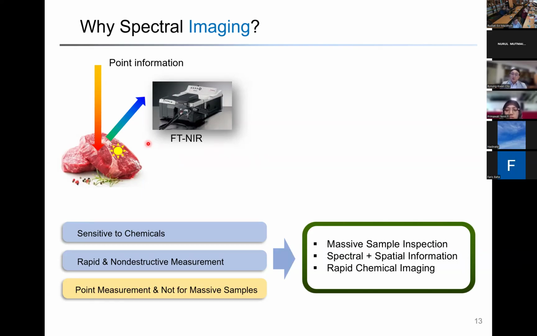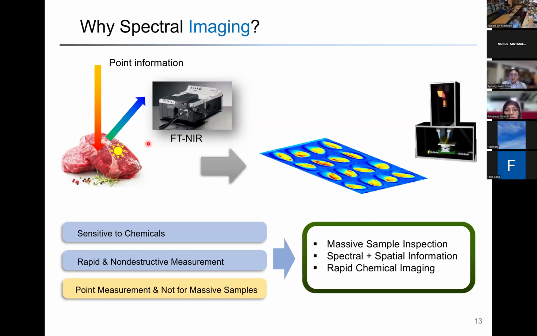So spectral imaging consists of spectral information and spatial information. Let's assume this is a small seed, but point by point measurement takes a lot of time.